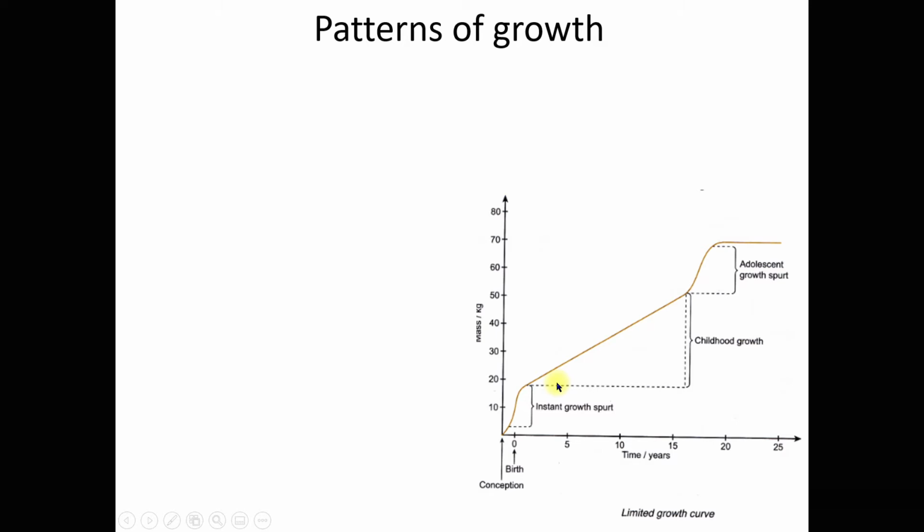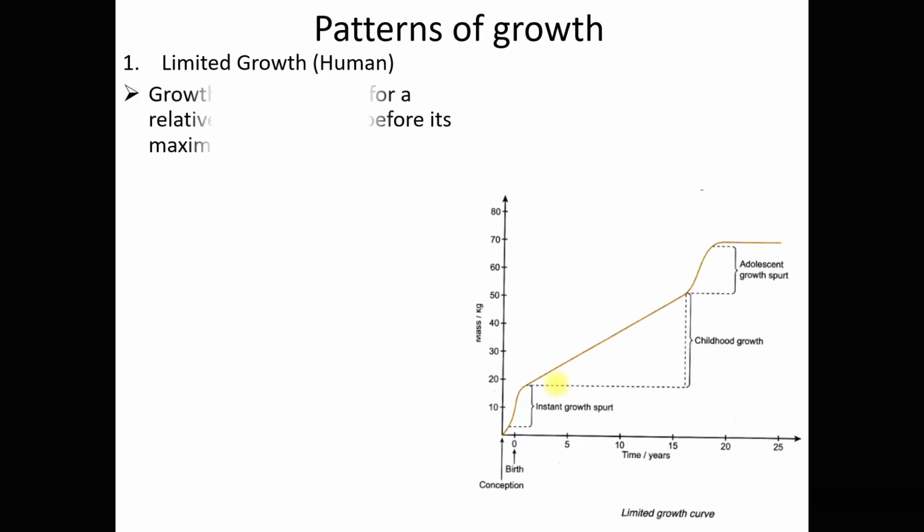Now let's proceed with patterns of growth. The first pattern of growth that we have is limited growth, which is usually shown by humans, for example. The limited growth pattern is the growth of an organism for a relative period of time before its maximum growth.